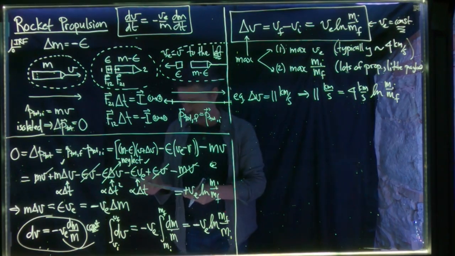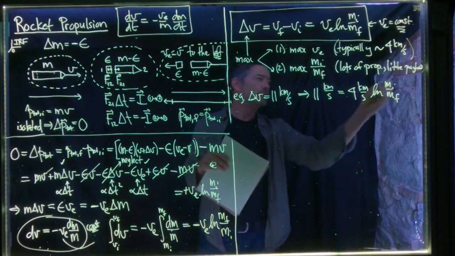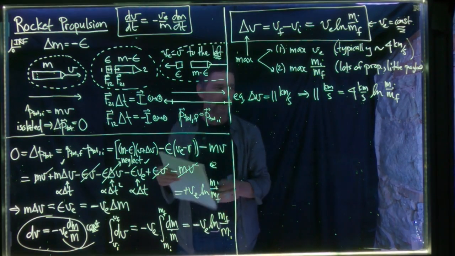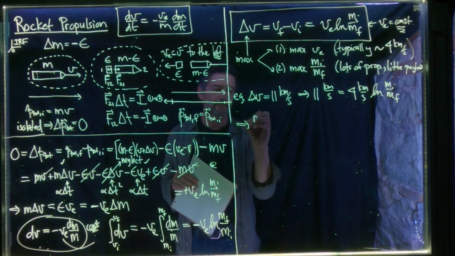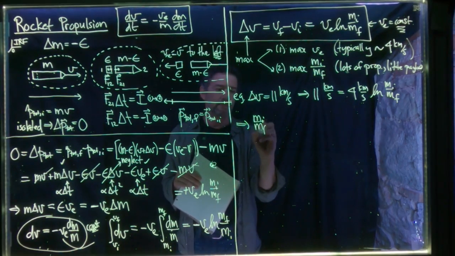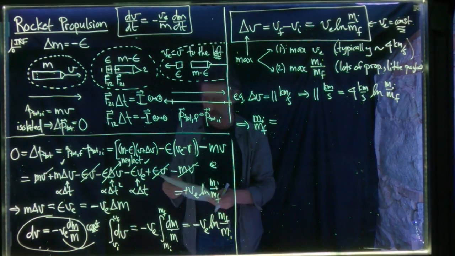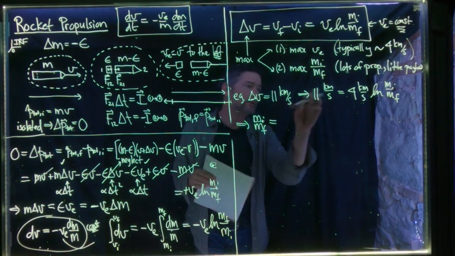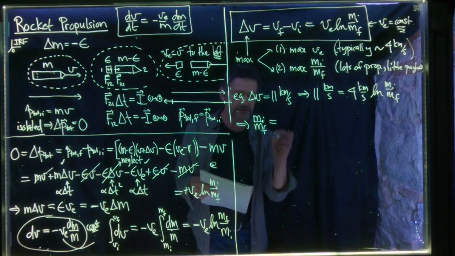I will let you do this calculation. You solve for m initial over m final, and what do you get? m initial over m final is the exponential of 11 divided by 4, which is around 16.